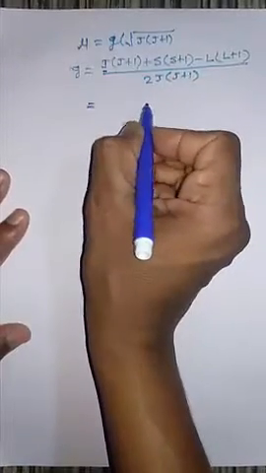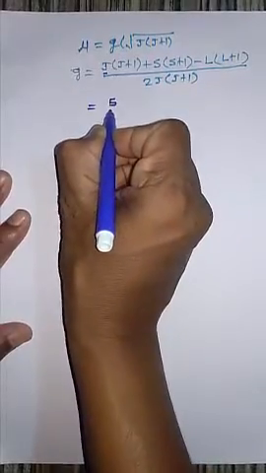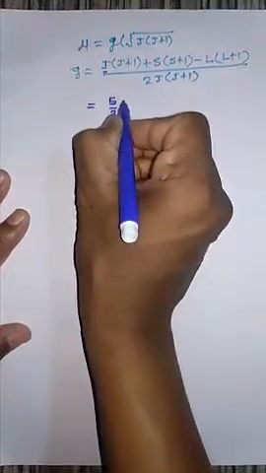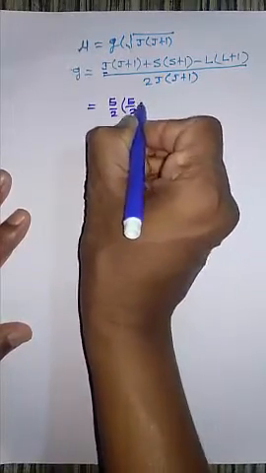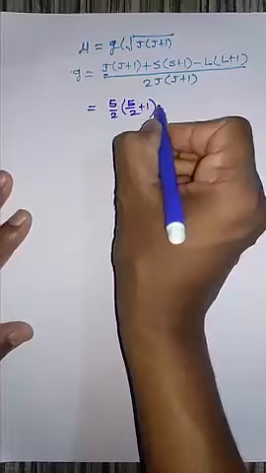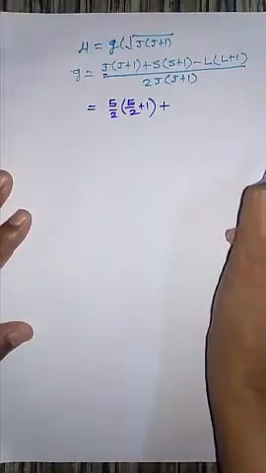Now after obtaining the values of L, S and J, we simply have to put these values into the Lande g-factor that we have to calculate. So for J we have the value 5 by 2, into 5 by 2 plus 1, plus what is the value of S?